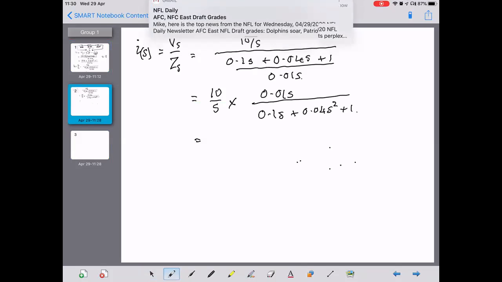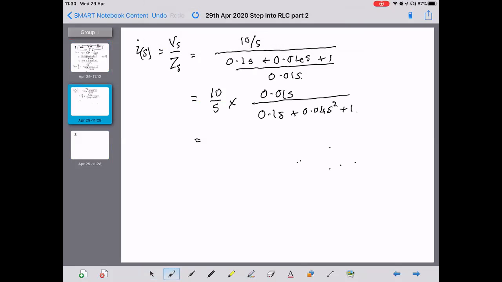Okay, then, so what we've got is 10 times 0.01 S is equal to 0.1 S. Divided by, and then we've got S times 0.1 S, which is 0.1 S squared.